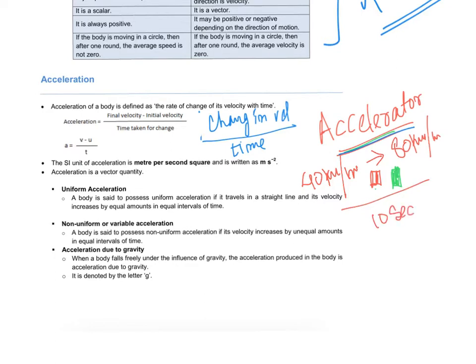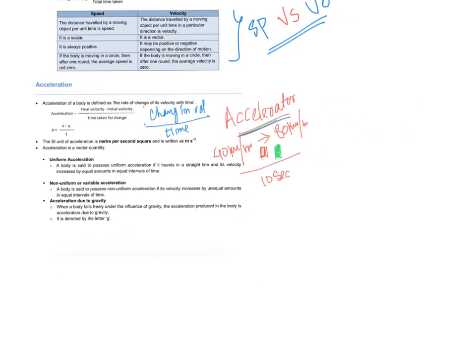So I will calculate my acceleration. First, we have to make sure that this is per hour and this is in seconds, so I can change it however I need. So 80 minus 40: this is my final velocity that I've achieved, subtracting my initial velocity.